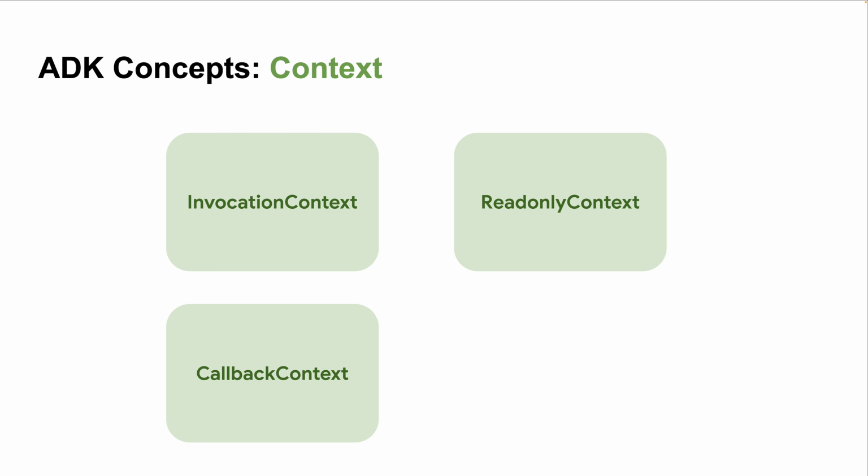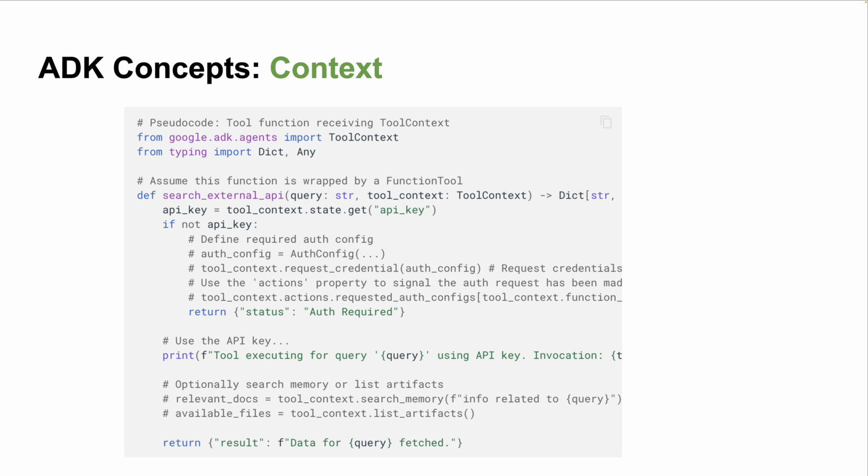This is passed as callback context to agent lifecycle callbacks and model interaction callbacks. And the purpose here is to facilitate inspecting and modifying state or interacting with artifacts and accessing invocation details, specifically within callbacks. Right, finally, we have tool context, which provides everything callback context does, plus specialized methods essential for tool execution, like handling authentication, searching memory, and listing artifacts.